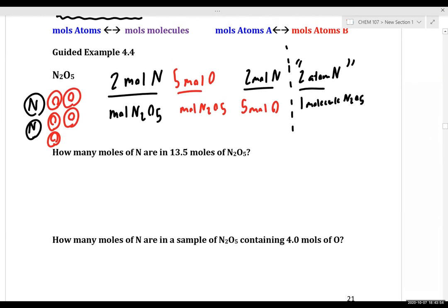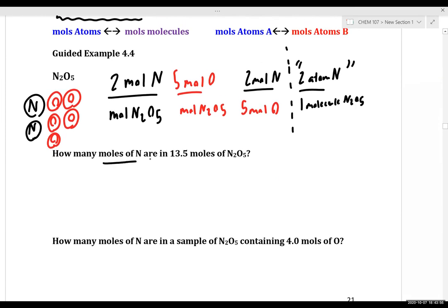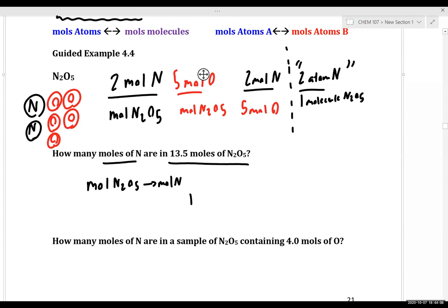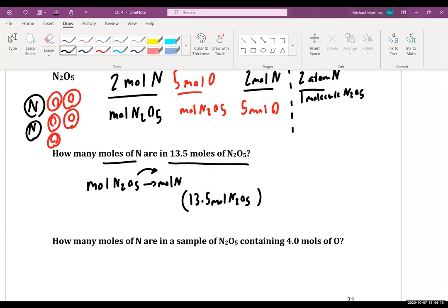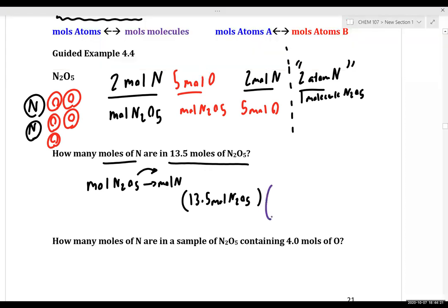We're asked to calculate how many moles of nitrogen are there in 13.5 moles of N2O5. So we're trying to go from the moles of N2O5 to the moles of nitrogen. So given that we have 13.5 moles of N2O5, looking at our conversion factor, what units need to be on top?